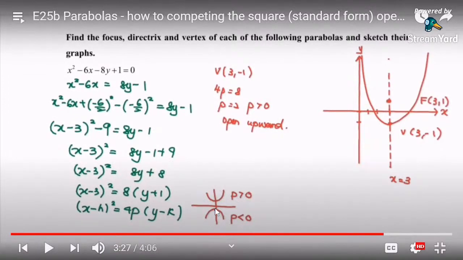So open up, open down. Rujuk kepada nilai P greater than 0, so open upward. So bila dia open upward, kita pun dapatkan dia punya symmetrical axis, then kita beranggaran nak open up atau open down. Kemudian kira dia punya unit P value tu, so you shifting upward atau shifting downwards.